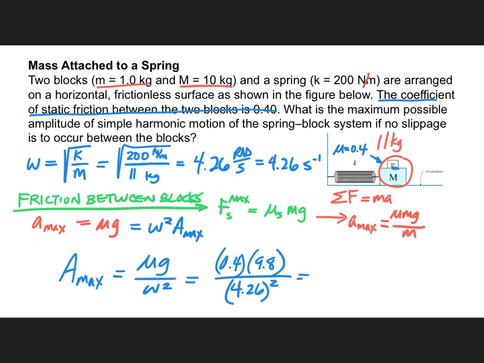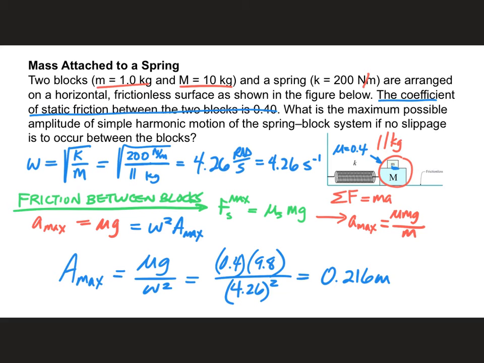Go through all of this, and the maximum amplitude is 0.216 meters. So the most that we can throw it back and forth would be this 21.6 centimeters. All right?